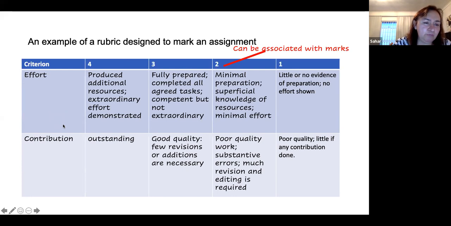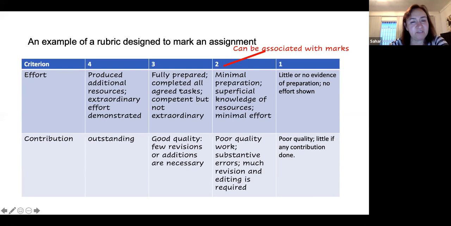For example, for a paper, I would write introduction, material and method, results, and discussion in the criteria. And in the introduction, I would say, for 4, he has brought about many references. All the aspects of the topic have been tackled. Here, average, he had to write about such and such.